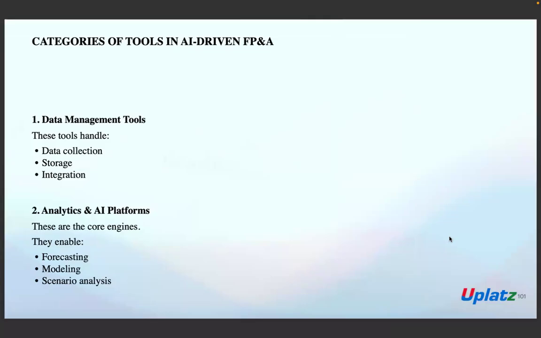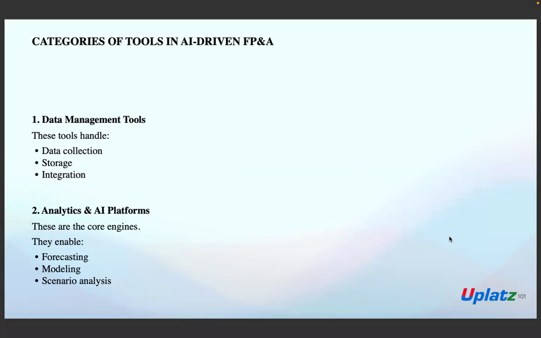Let us begin with our understanding on categories of tools in AI driven financial planning and analysis. To simplify, let's break the tools into categories.